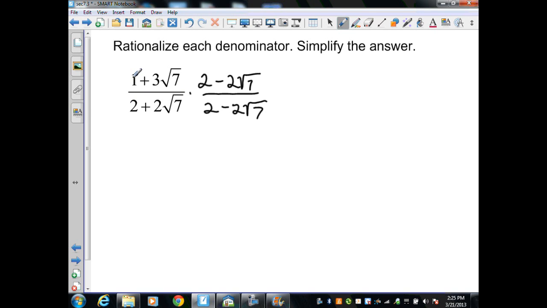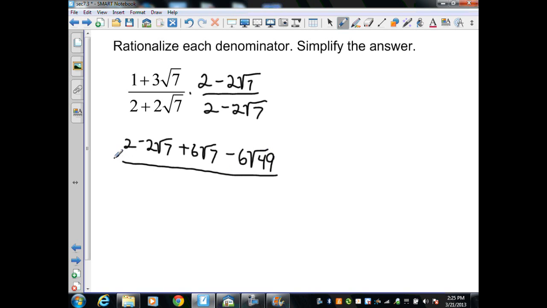In the numerator, that's going to give me my first term, which is 2. My outer term, which is a negative 2 square roots of 7. My inner term, which is a positive 6 square roots of 7. And my last term, which is a negative 6 square roots of 49.